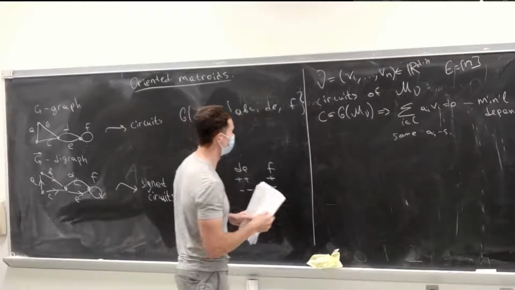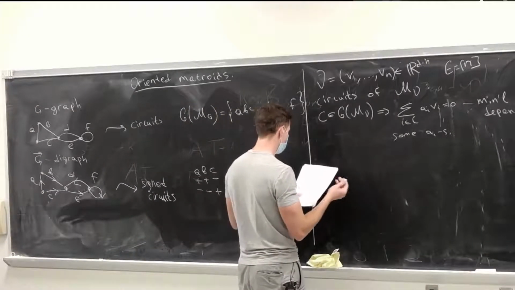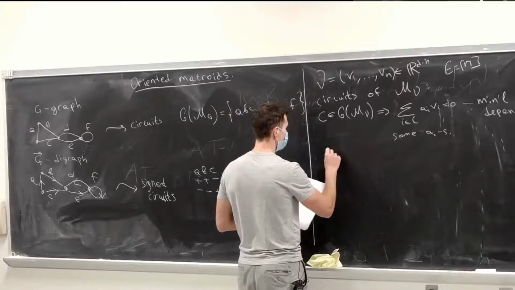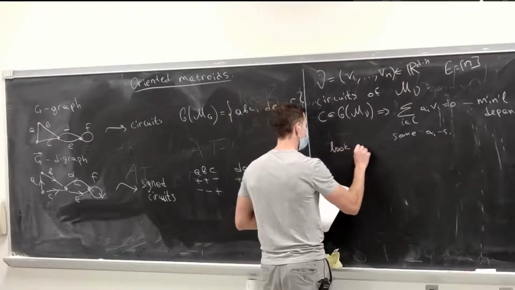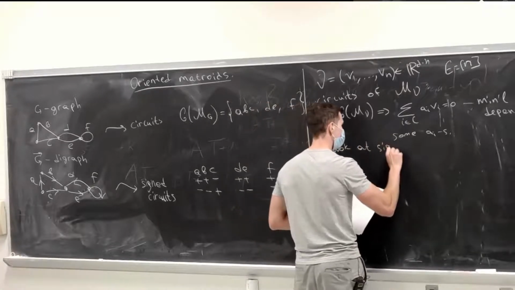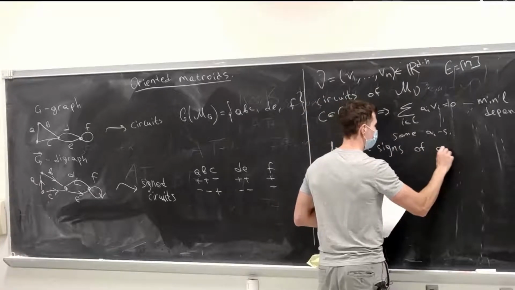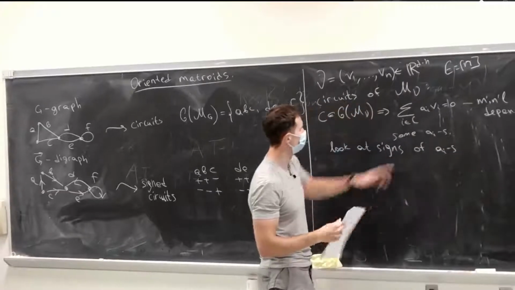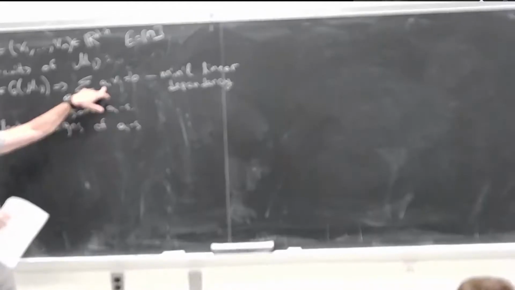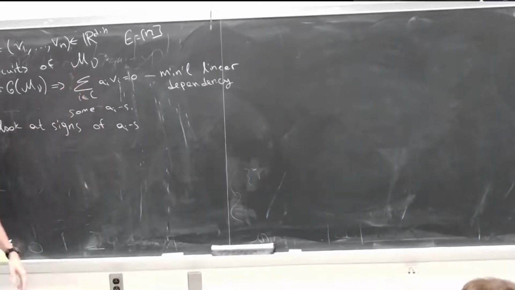Okay, I see. Indeed, I should look at the signs of the a_i. First of all, these coefficients are non-zero because it's a minimal linear dependence.